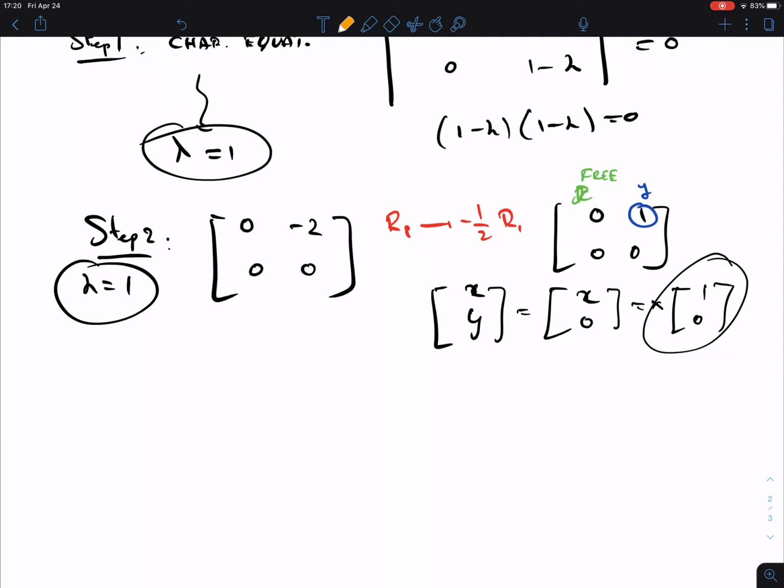Okay, let's do an example, a 2 by 2. Give me an example. Which one am I going to take? Let's do this one. Sorry, where is the one I want to do?